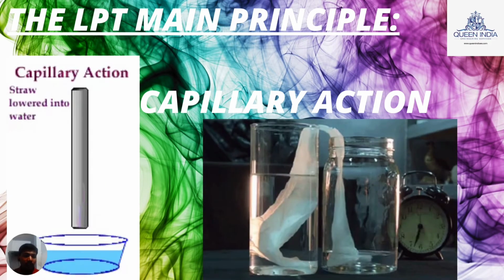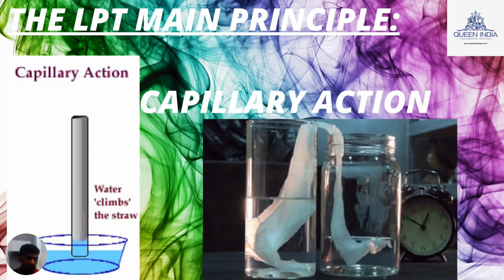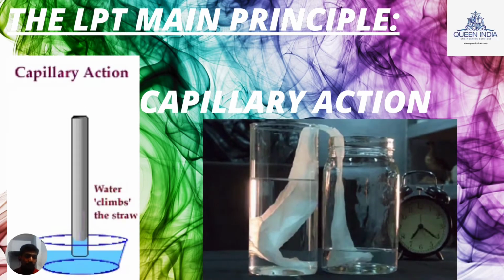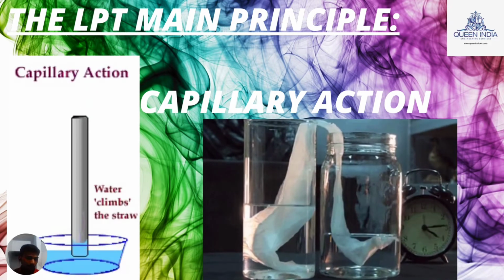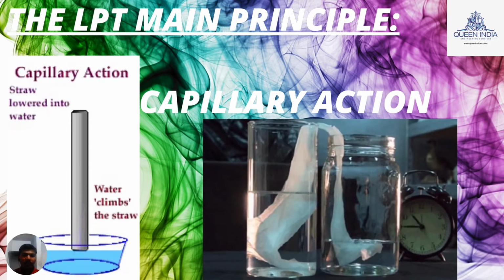The diameter is mostly 0.5 to 2.2 mm. Capillary tubes are used in domestic refrigerators and deep freezers and water coolers and air conditioners.